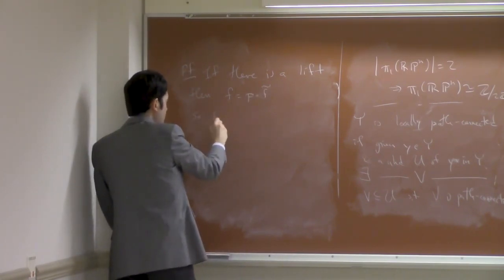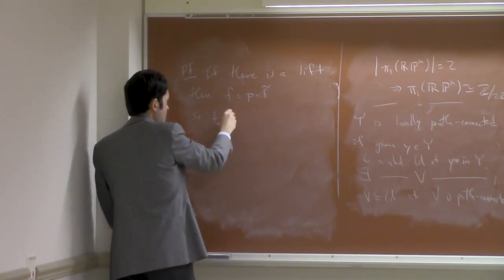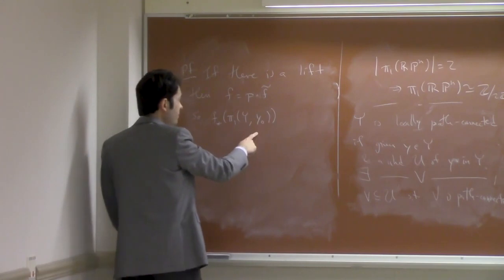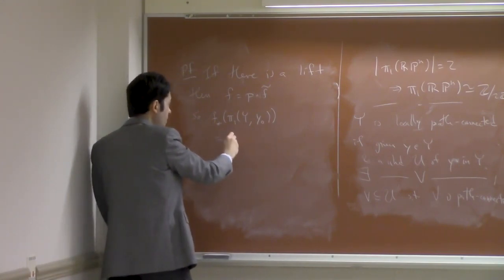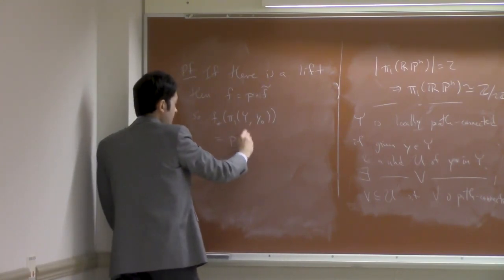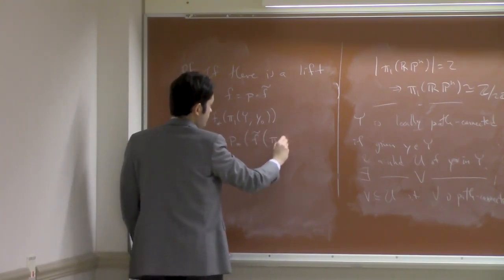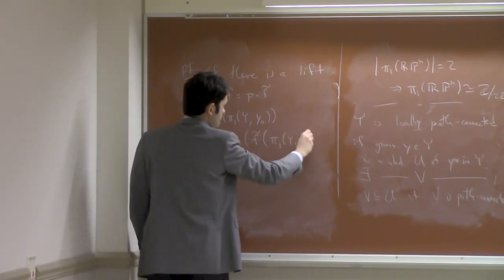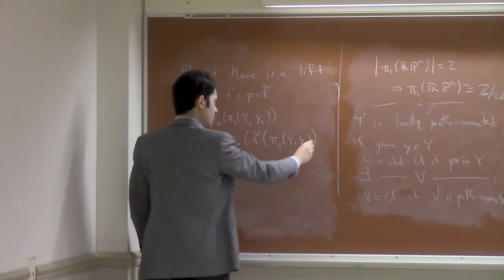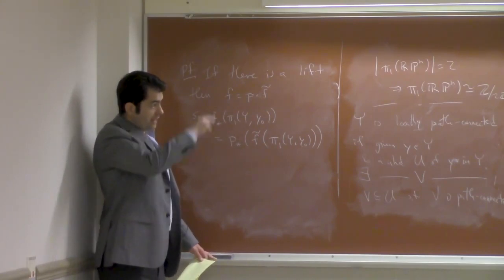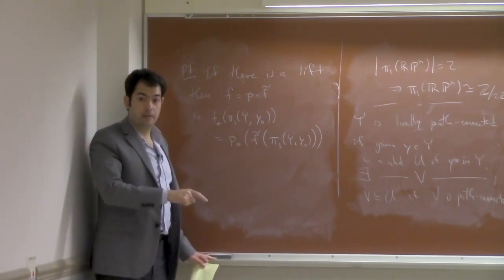So the image of the fundamental group of Y along f is equal to the image of the fundamental group of Y along f tilde followed by p.